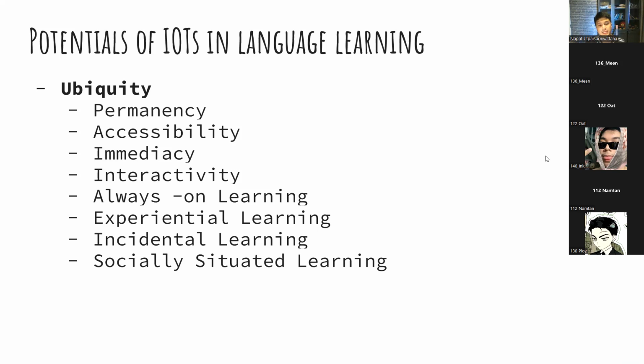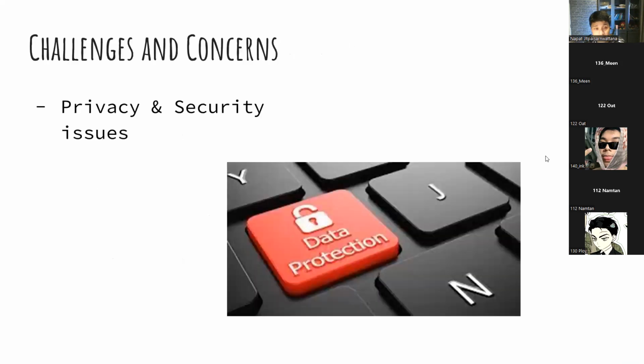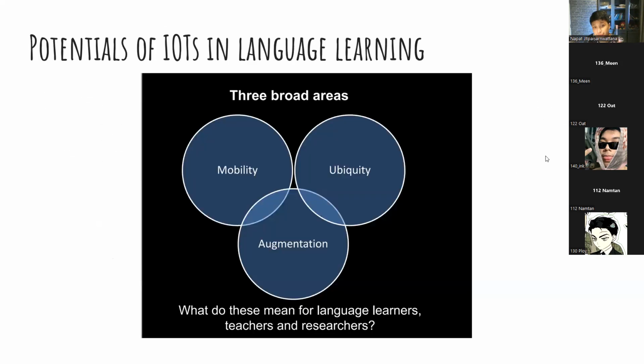And the last one is social learning, right? So you are learning through having interaction with other people. Okay. So as I mentioned, there are three broad areas of potential of IoT in language learning.